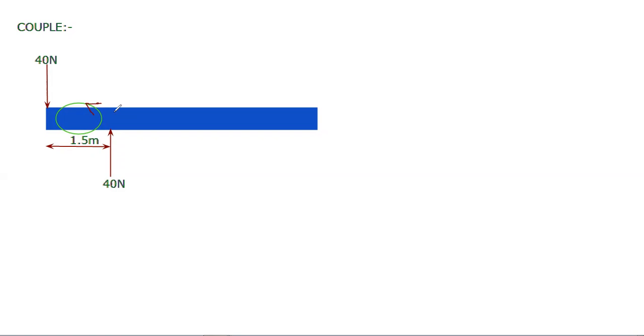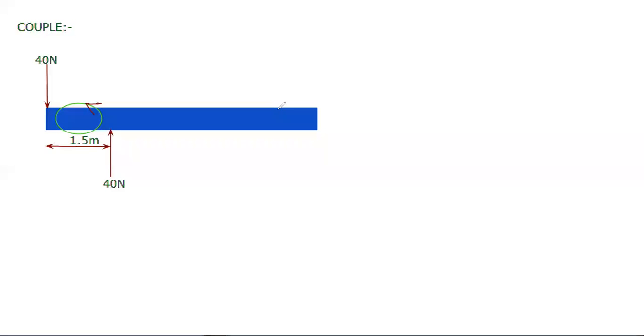Now in that numerical, we were asked to find the effect of this moment at the various locations. That will prove our fourth characteristic, that moment at any point remains constant, or it will also prove the law of transmissibility, that moment can be transferred at any location.